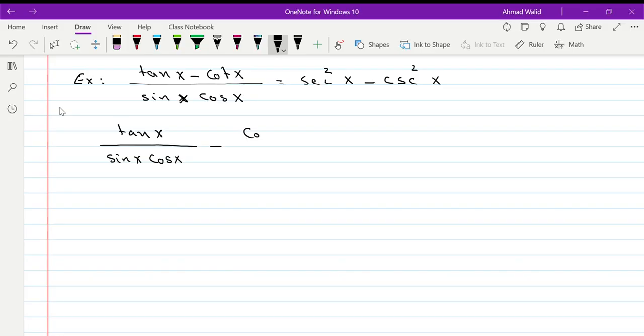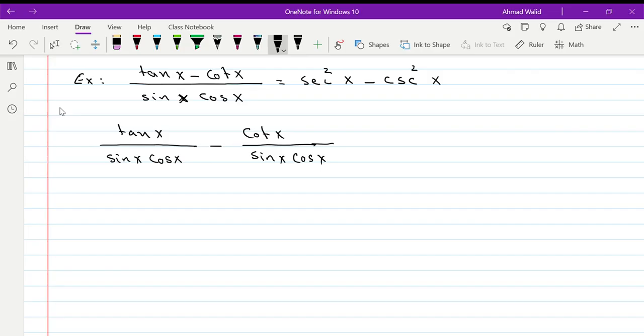Minus cotangent x all over sin x cosine x. I'll leave the right side alone. I'm only working on the left side.